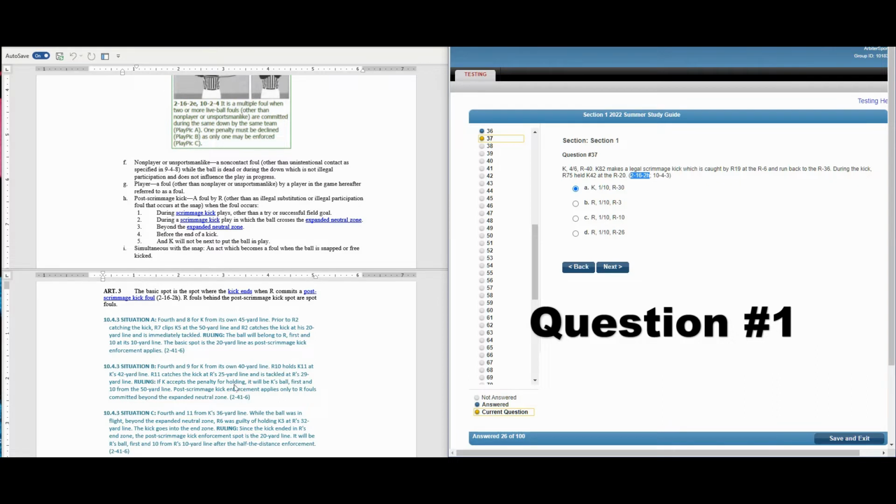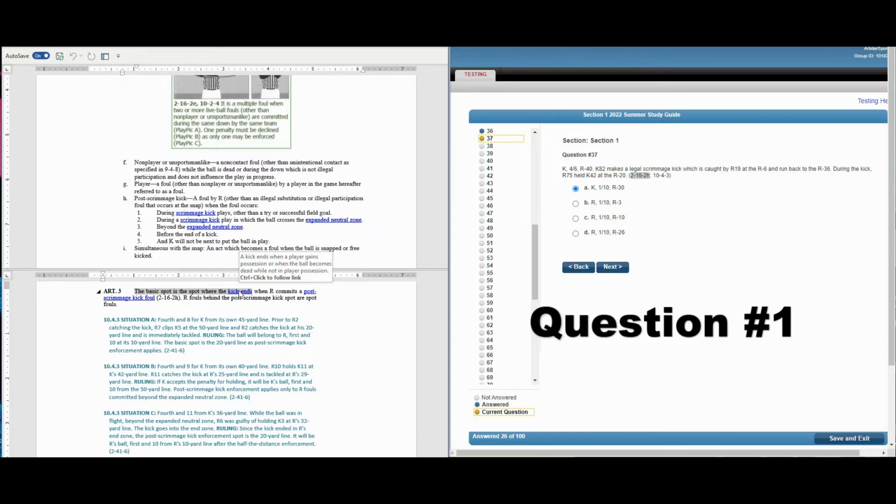Now these are enforcement rules, and it says the basic spot is the spot where that kick ends. And what does the kick end mean? A kick ends when a player gains possession or when the ball becomes dead while not in possession. So basically where the receiver caught it or where it went out of bounds or became dead.